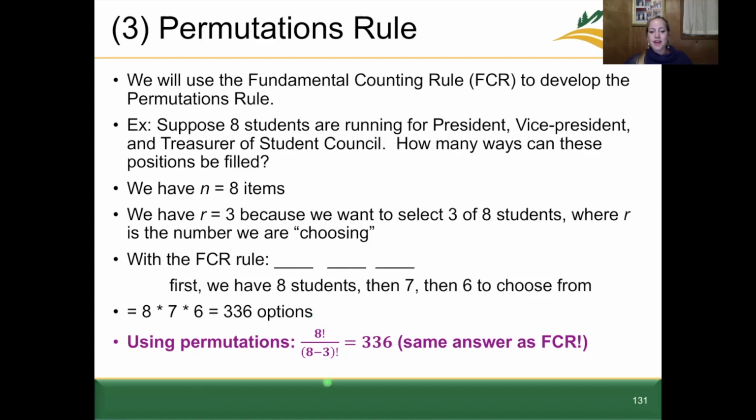This is going to be divided by, again, 8 for 8 number of items to select from, minus our r value, where our r value is 3 because we have president, vice president, and treasurer. So 3 different items that we're choosing. So here, 8 factorial divided by then 5 factorial, because very importantly, this is in parentheses, is still going to give us 336. That is the same number we got, but we used the permutations rule.